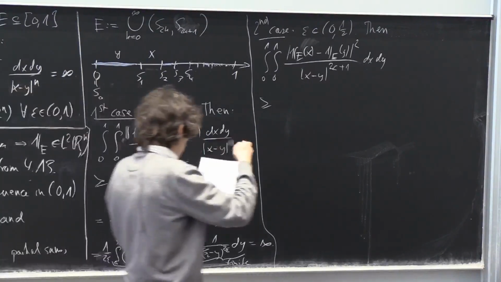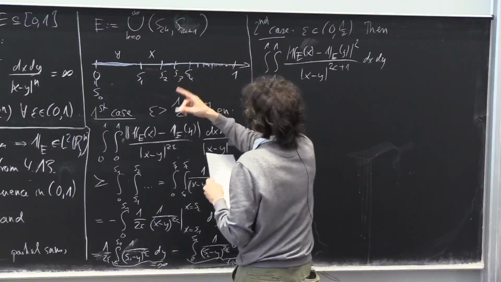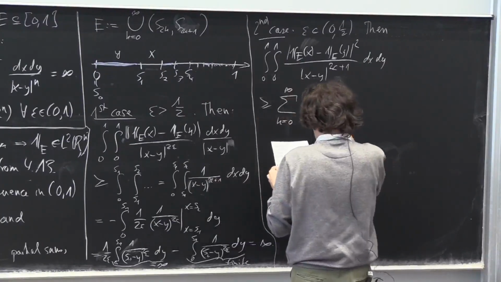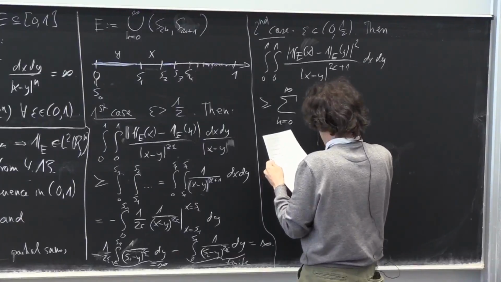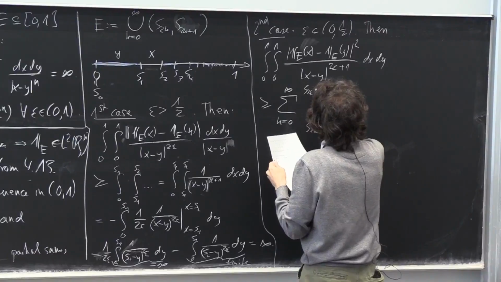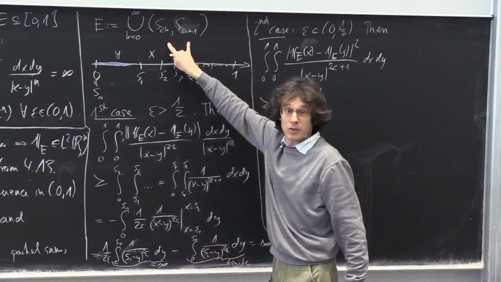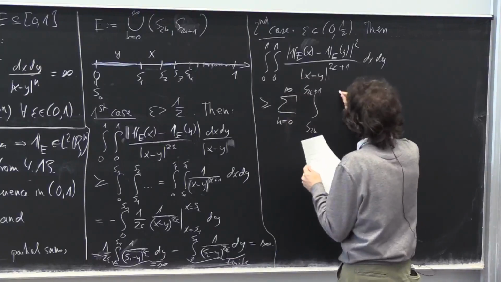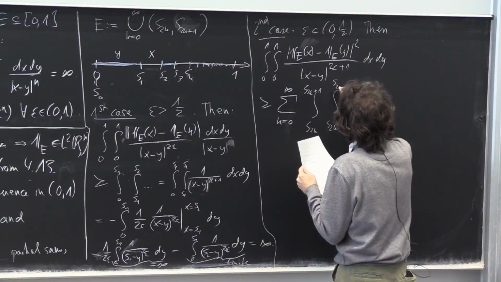So this gives us a sum going from 0 to infinity, going along the intervals, and then we integrate the y from S2k to S2k plus 1. So this is exactly one of the intervals that belongs to E. And we integrate the x from S2k plus 1 to S2k plus 2.